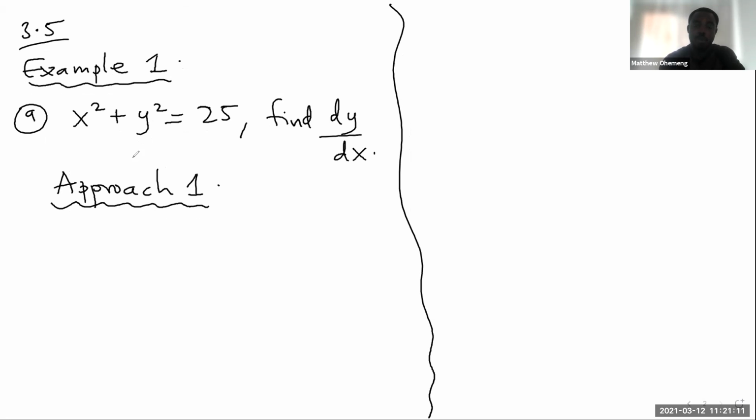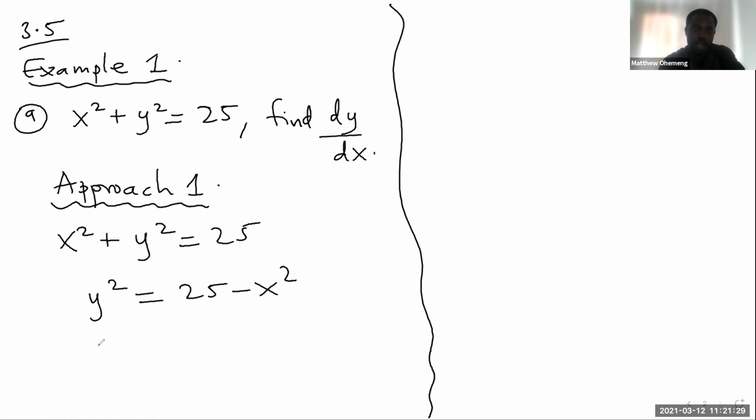In approach 1, I'm going to solve for y, and then afterwards I will do the usual dy over dx. So I subtract x squared from both sides, and then I have y equal to plus or minus the square root of 25 minus x squared. Oh, nice. Now we have an explicit solution for y in terms of x.